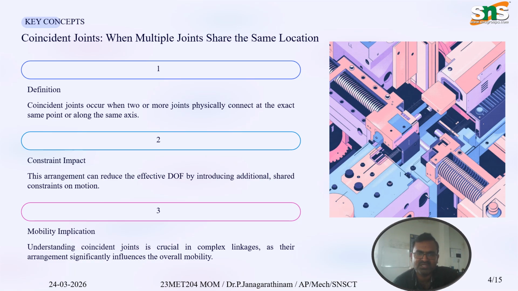Two or more joints physically connect at the exact same point along the same axis. Next is the constraint impact. These arrangements can reduce the effective degrees of freedom by introducing additional constraints.